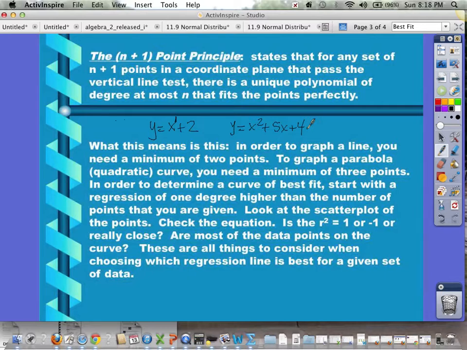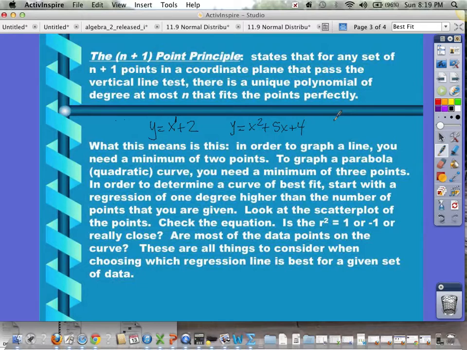If I had 4 points given to me in some data, I would try to see if a quintic would work. If I had 3 points, I would try a quadratic. So it's always 1 degree higher for the regression line, depending on how many points they give you in your data set.